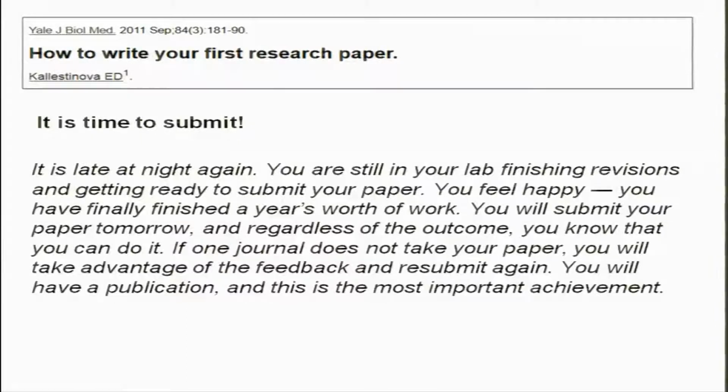It's late at night again, you are still in your lab finishing revisions. I am just reading out from that paper, How to Write a First Research Paper. I am reading it again and again because it is such a lucidly written paper. All of you should read this paper. You are still in your lab finishing revisions and getting ready to submit your paper. You feel happy.